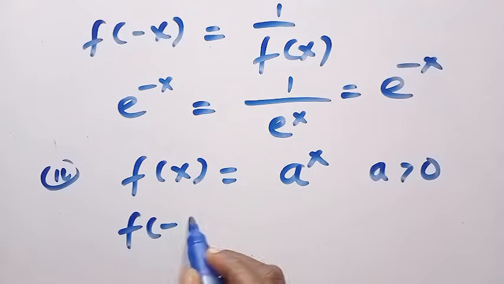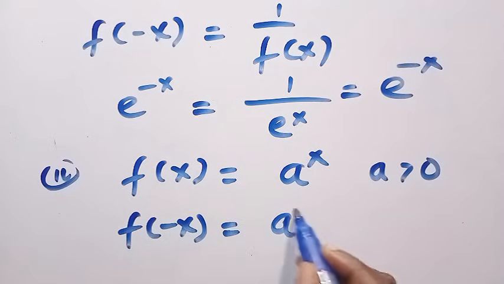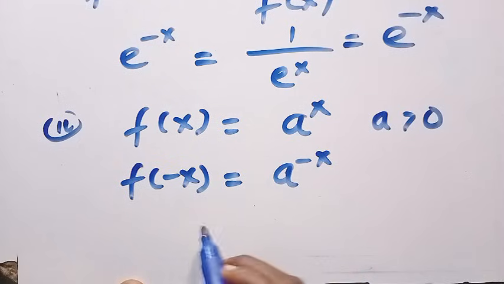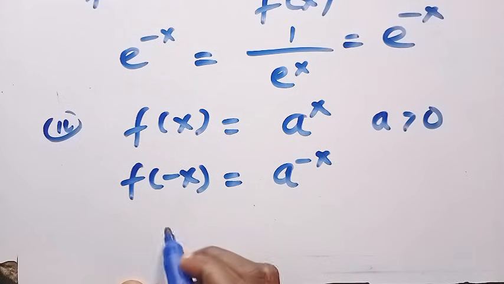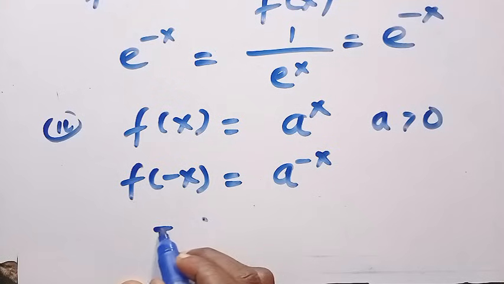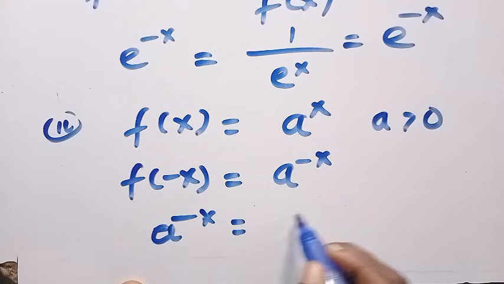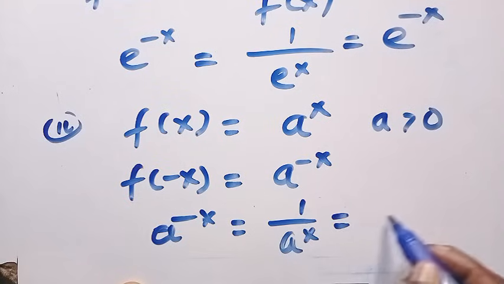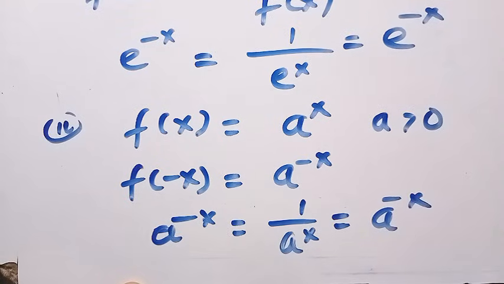If you have f of minus x, this will be equal to a raised to power minus x, which equals 1 divided by a raised to power x. And 1 over a raised to power x is the same thing as a raised to power minus x. So this is also true for every form of exponent function.